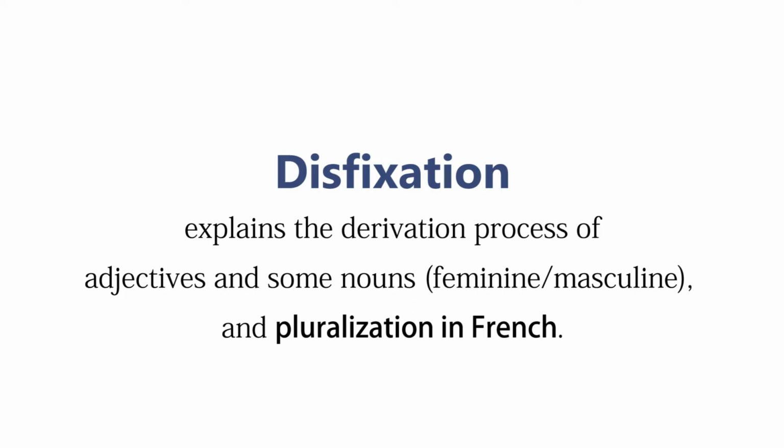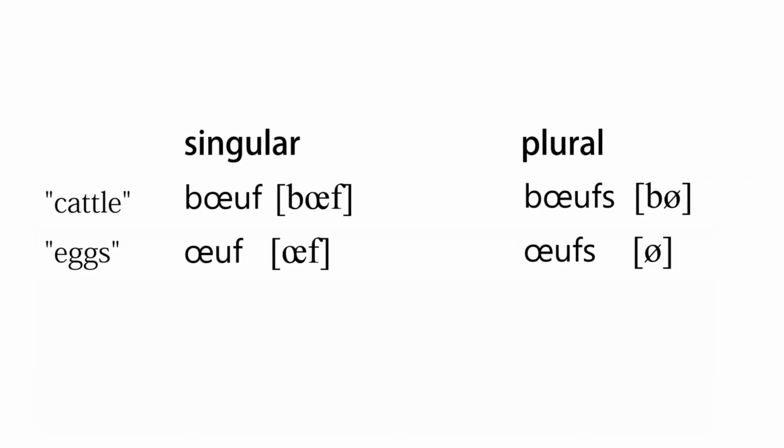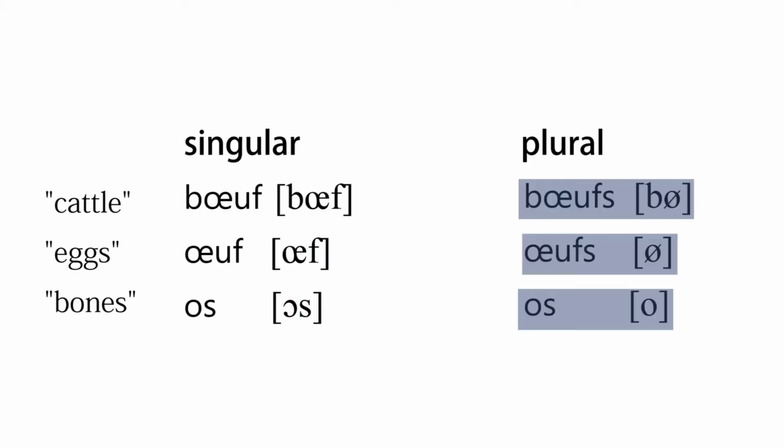For example, in certain nouns, you could disfix the final consonant to get the plural. For example, bœuf becomes beau, and œuf, egg, becomes e, and os, bone, becomes o. So in all of these, the principal form is the singular, and you disfix the final consonant and you get the plural.